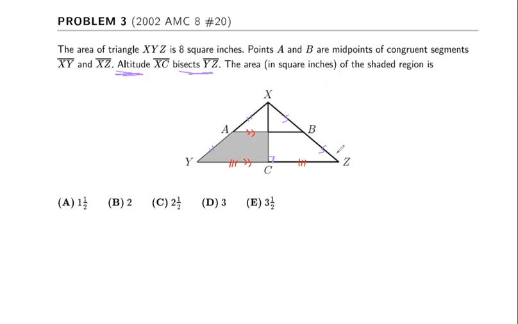Since we have 2 sides proportional and the angle in between equal, we call them similar by side-angle-side. Since they are similar, AB and YZ are corresponding sides, which is going to be a 1/2 ratio as well.